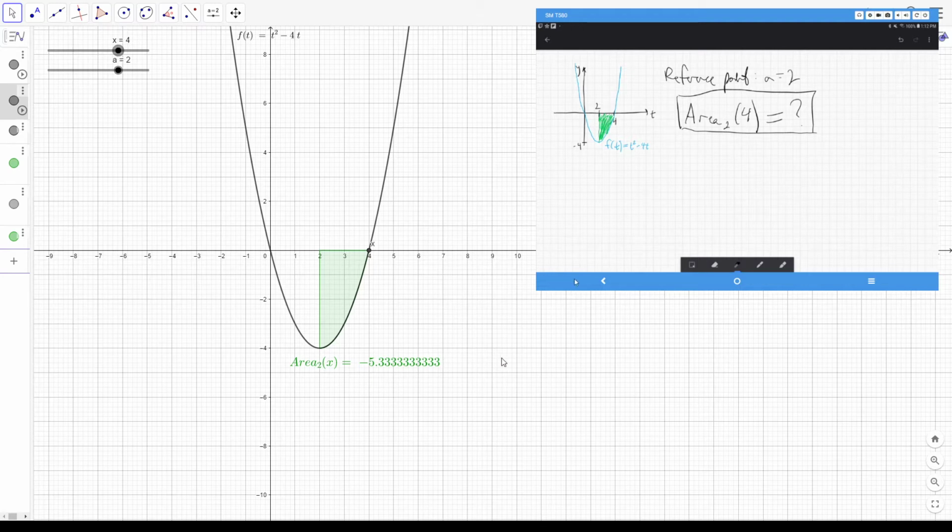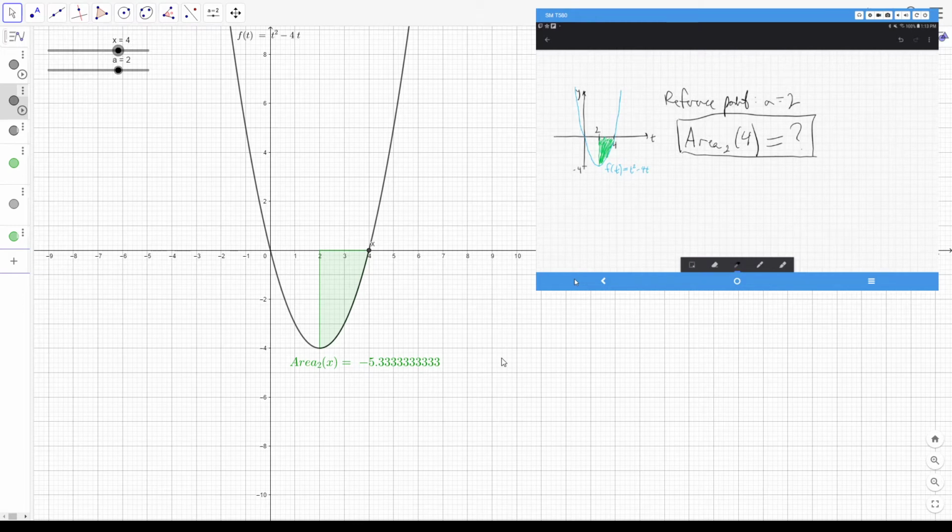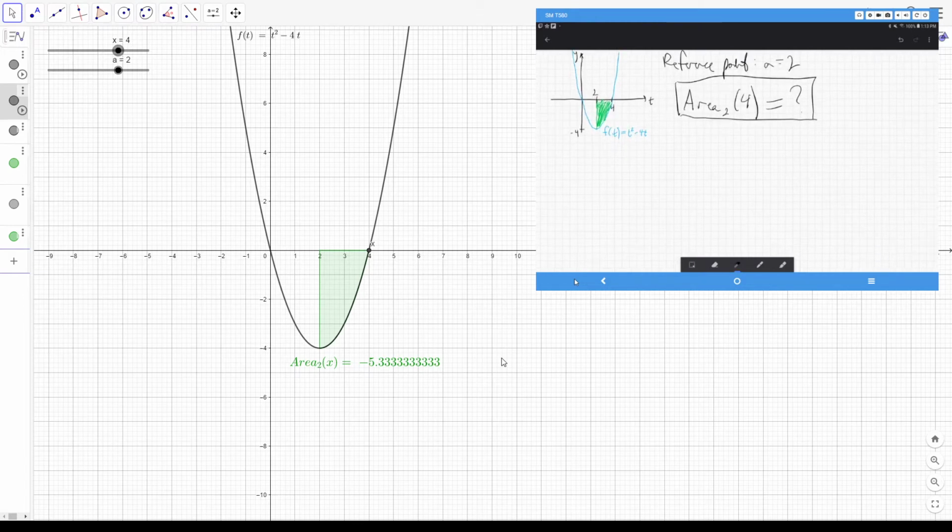So, as we had discussed previously, we know that area, and by the way, this is exactly the same question as: what is the integral from 2 to 4 of f of t dt? What is that? So just another notation, more terminology for the same thing. Right?